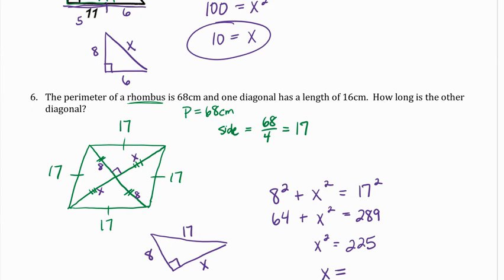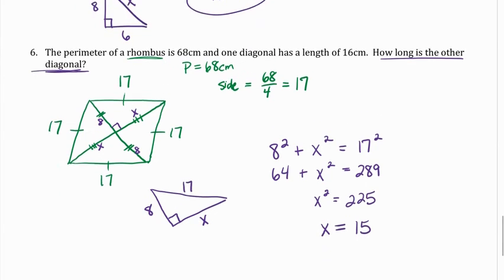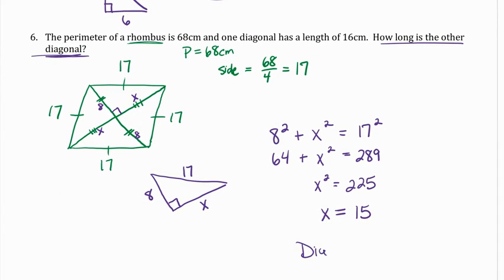And of course, we do plus or minus, but we're looking for the length of a segment. So the positive makes sense. So x equals 15. Now be careful though, because this question said, how long is the other diagonal? X, remember, is only half of that other diagonal. So if x is 15, then the diagonal would be twice that. So it would be 30 centimeters.